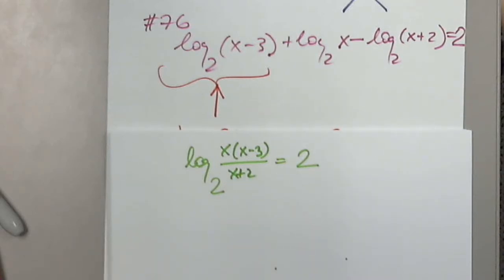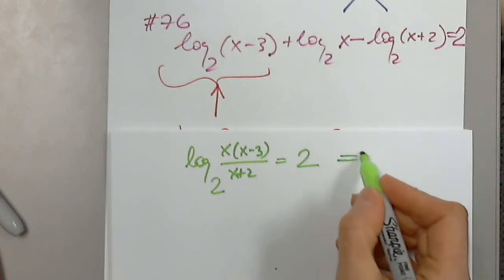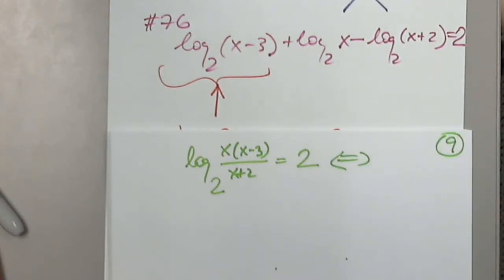Very good. Because we discussed this, right? If the log has minus in front, its expression is coming from the denominator. If the log has plus in front, its expression is coming from the top. Very good. Now I can change this into an exponential equation. How do I do that?